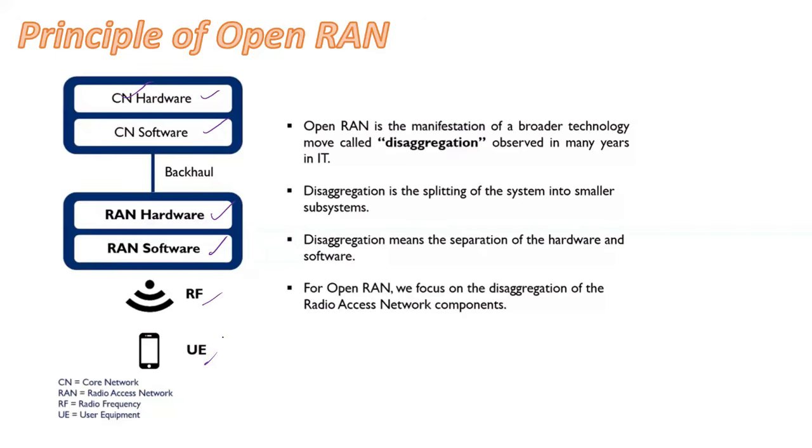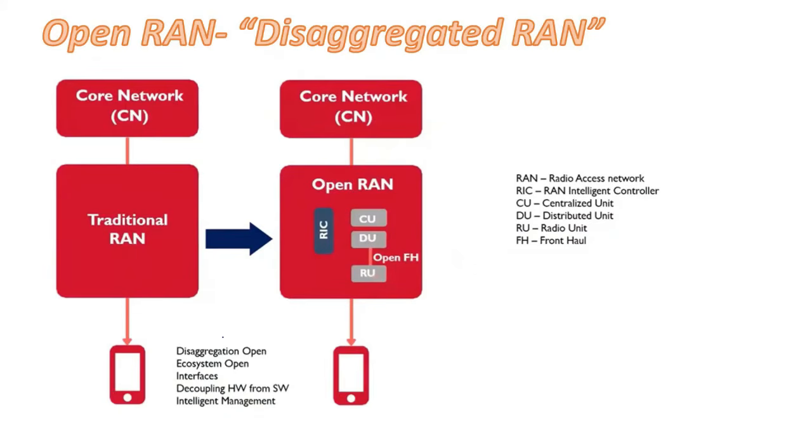Okay. So for open RAN, we focus on the disaggregation of RAN components, right? So open RAN way is also called the disaggregated RAN. In our current scenario, we have the core network, we have the traditional RAN, right? So what will happen in the ORAN?